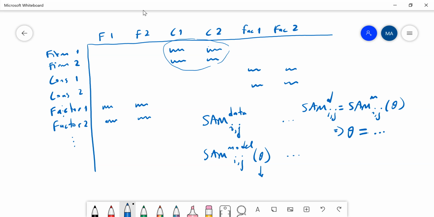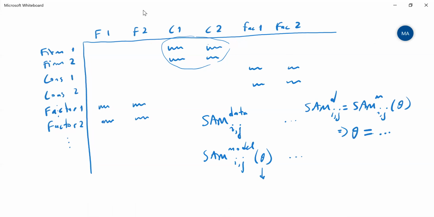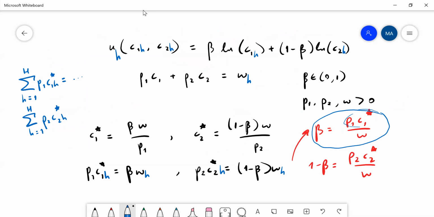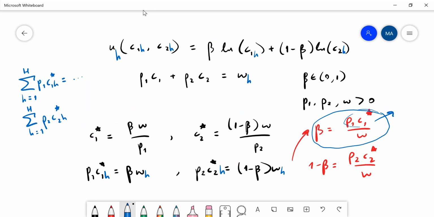This is what we do when we look at the spending on the first good. Let's say this spending is equal to $80, and the income is equal to $100. Then we understand that this parameter is equal to 0.8. So that's where we can use the solution directly to solve for beta.